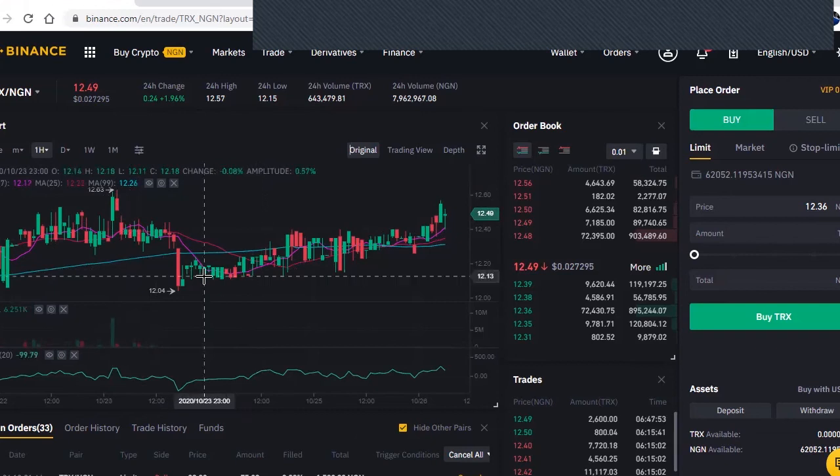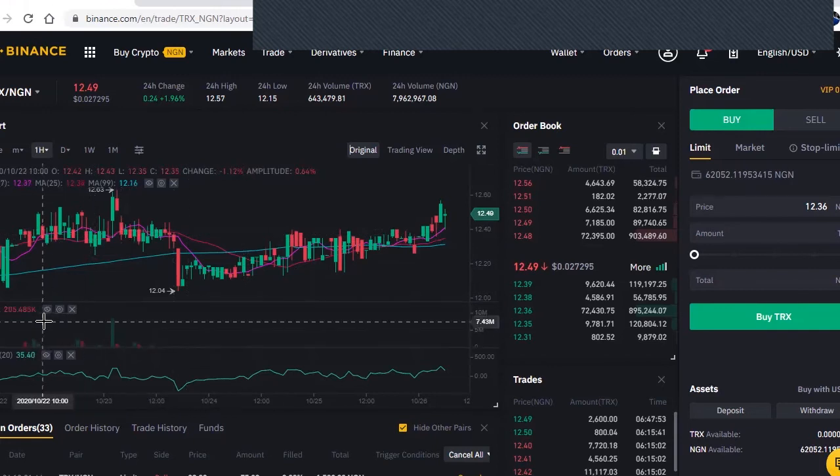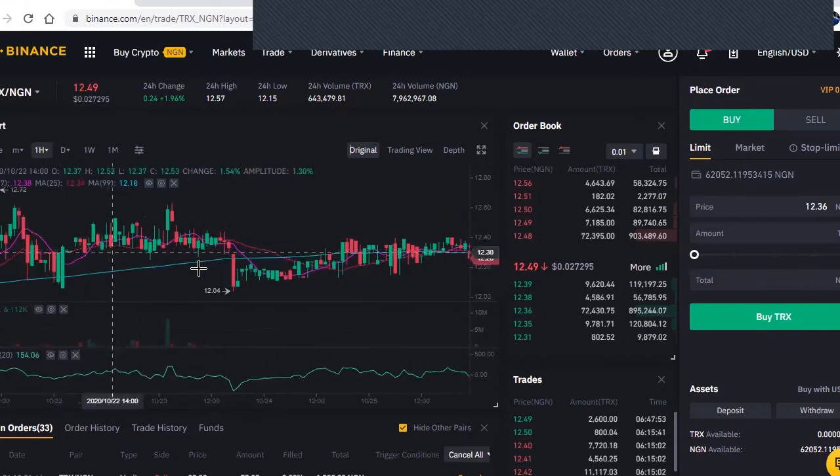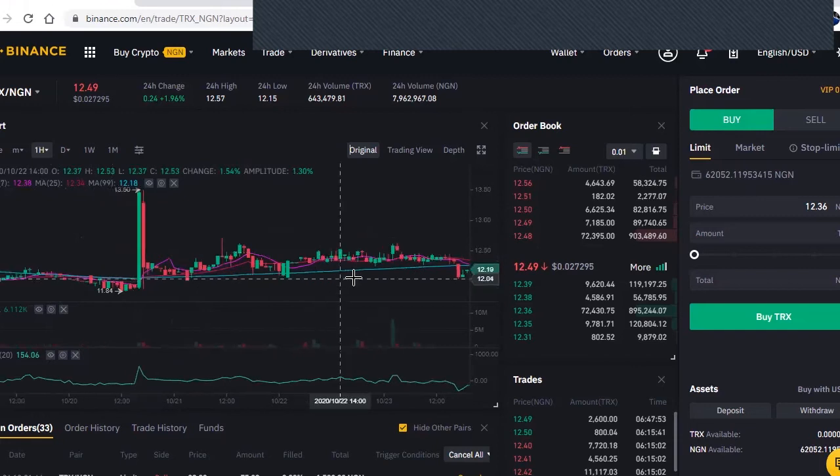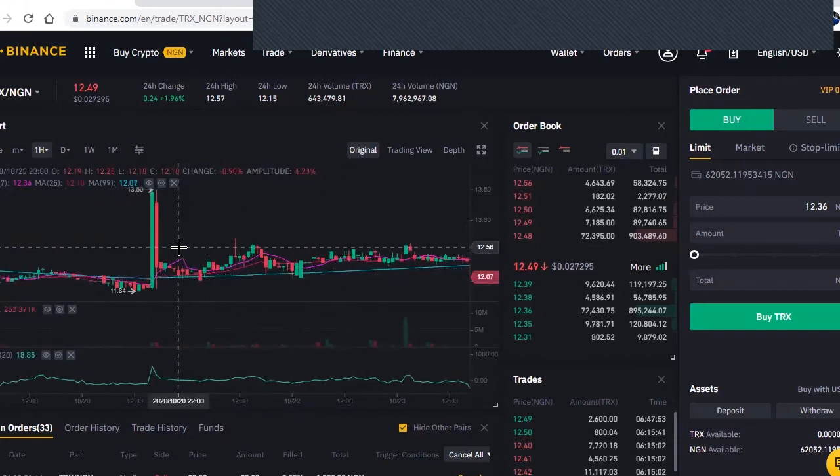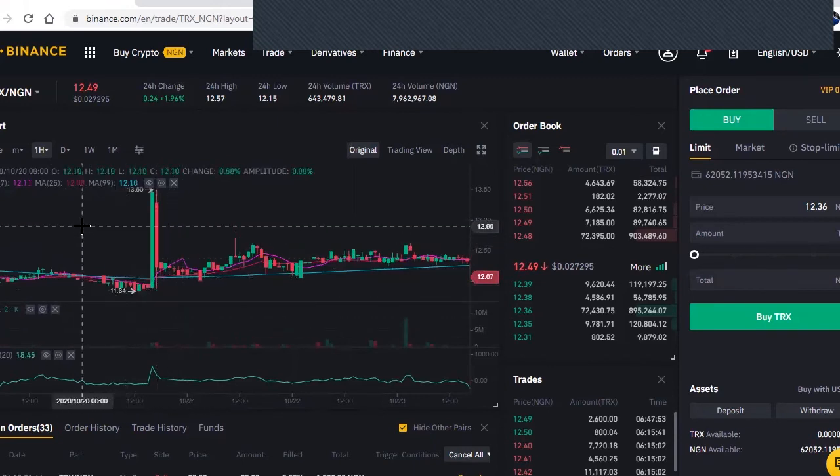All right, so let's look at this candle, okay? And let's look at what they represent, okay? All right, fantastic. So what does it mean?